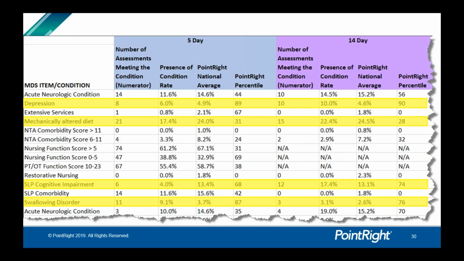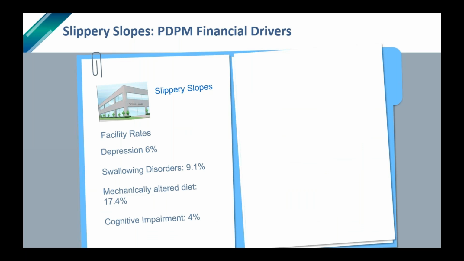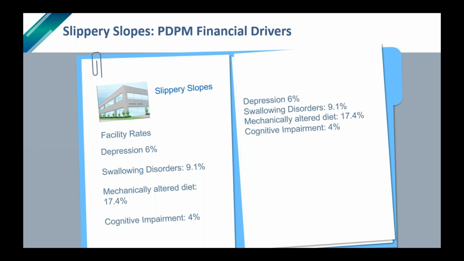So if we just bring up our slippery slopes facility, our example facility that we've been using a few times, if we look at the facility rates of depression at 6%, swallowing disorder at 9.1%, mechanically altered diet at 17.4%, and cognitive impairment at 4%, and we put that up against the national average that we've calculated from the data set, we see that this facility is a significant outlier, particularly if we look at swallowing disorders, a good 6% above the national average, where the mechanically altered diet utilization is quite a bit lower than the national average, and the cognitive impairment is way below that average.